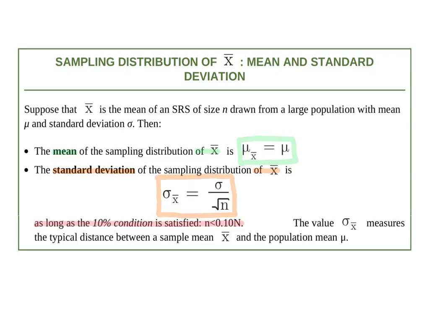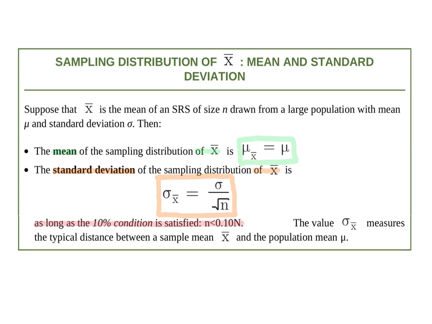So if you have a sampling distribution of a bunch of sample means, those are the averages of your samples, and you have a distribution of them, how do you find the mean and the standard deviation? First up, the mean of a sampling distribution of x bar is going to be mu sub x bar, and that's going to be equal to mu, which is our population mean.